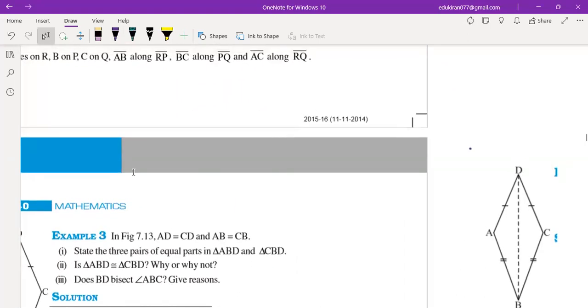Example number 3. Just try doing it. Ma'am, we should draw the figure, right? Yes, this is the figure. Okay, I just need to stop it. Stop the screen, guys, just a minute. Actually, my writing pad went.